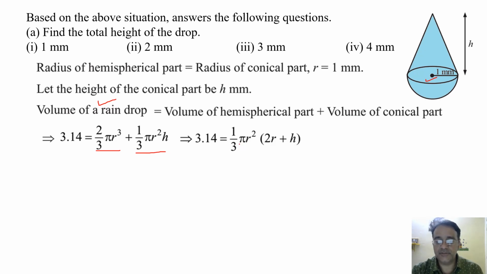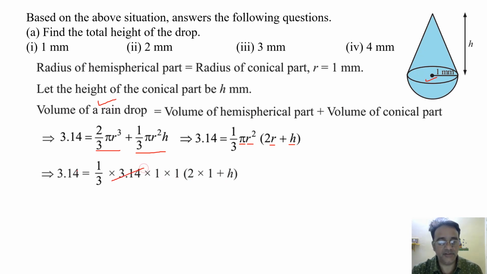Now we'll substitute the value of pi, that is 3.14, r is 1 millimeter, and the value of h we have to find. So 3.14 is equal to 1 upon 3 into 3.14 into 1 into 1 into 2 into 1 plus h.